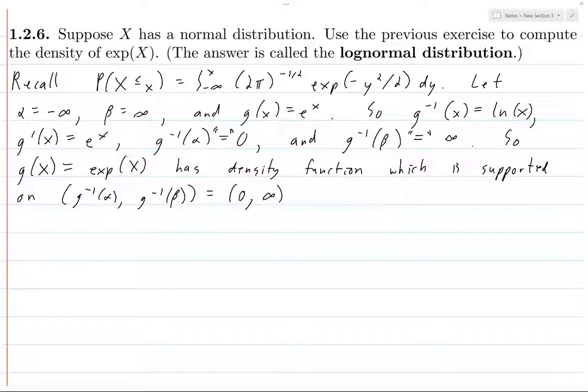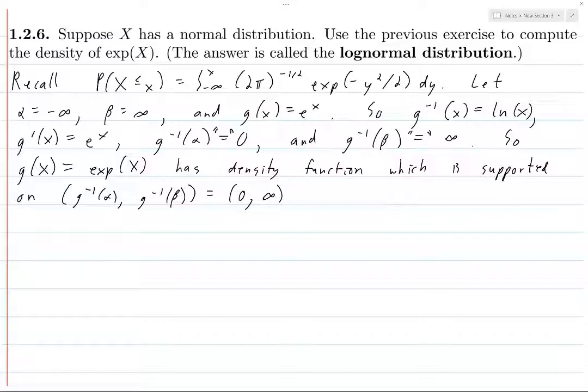So let's look back at the previous exercise. I'm looking back at the previous exercise, and I don't think it changes if we allow alpha and beta to take on values in the extended reals.